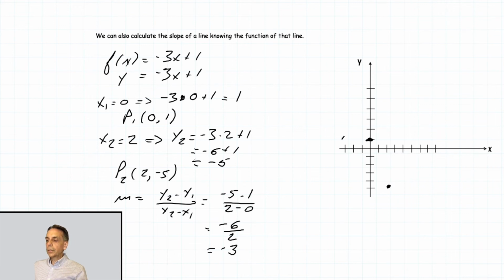Here's our 2 points, P1 and P2. Our straight line going from one point to the other. And this is what our graph looks like.